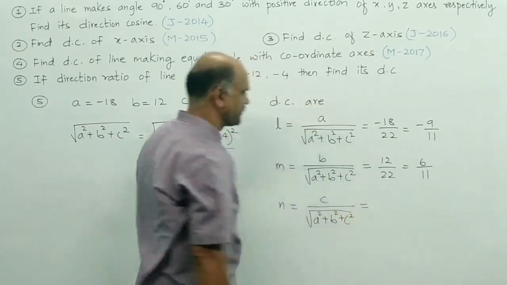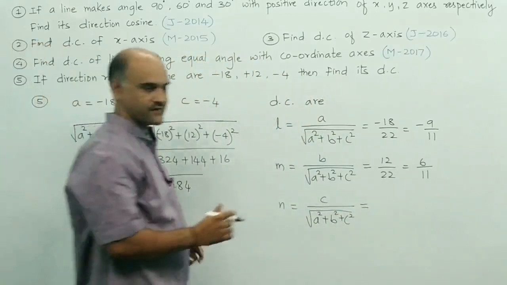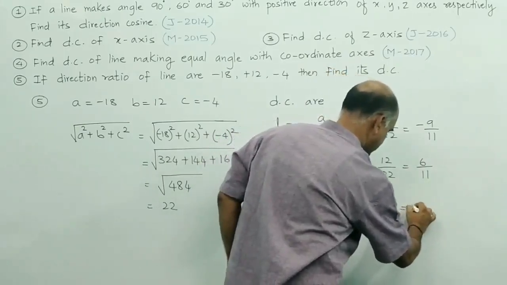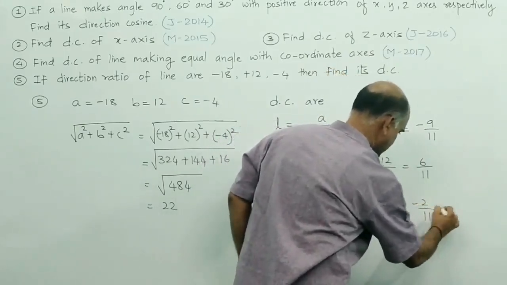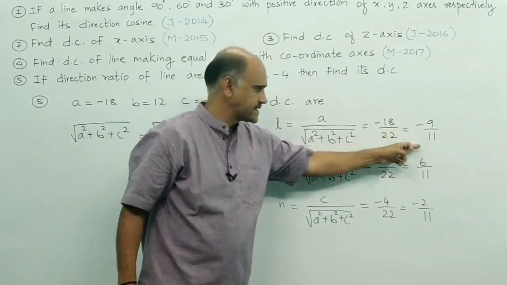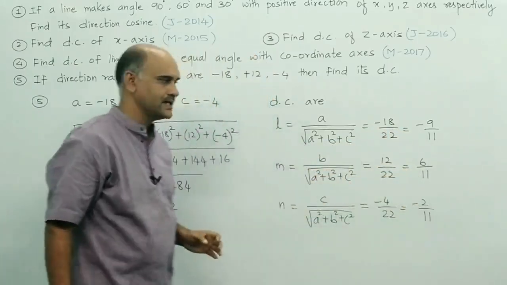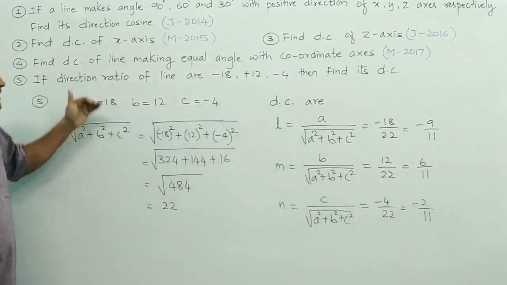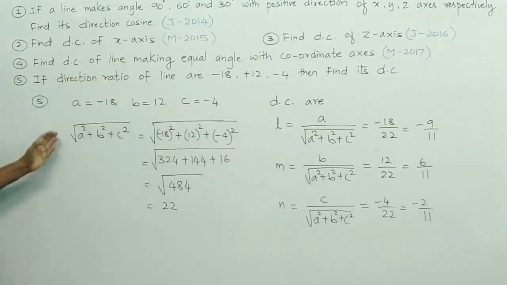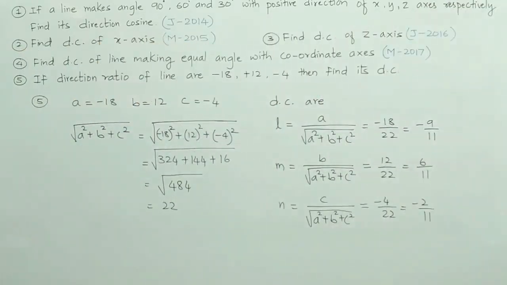How much is the C value? C is minus 4. So minus 4 divided by 22, you will get minus 2 by 11. So the direction cosines are minus 9 by 11, 6 by 11, minus 2 by 11. Clear, students? Just these he will be asking for 1 mark. Then we will go for the next problem.